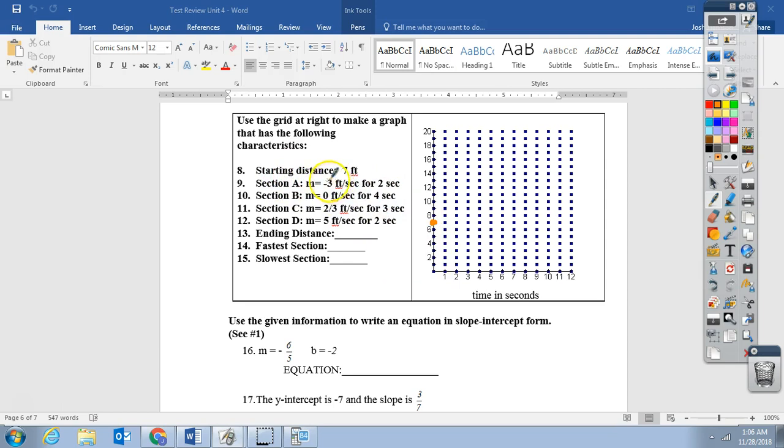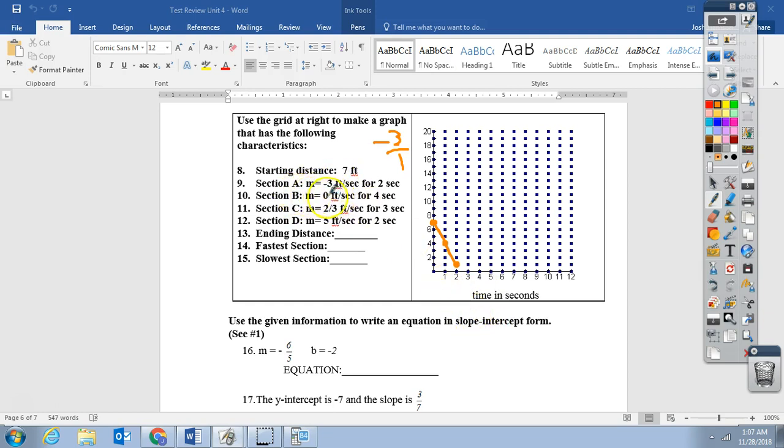Section A is slope of -3, down 3 feet over 1 second, 3 feet per second, for 2 seconds. So you go down 3 over 1. That's 1 second. Down 3 over 1. That is 2 seconds.